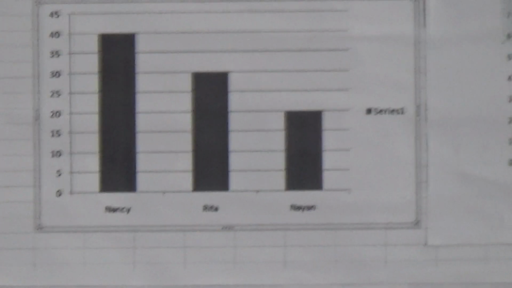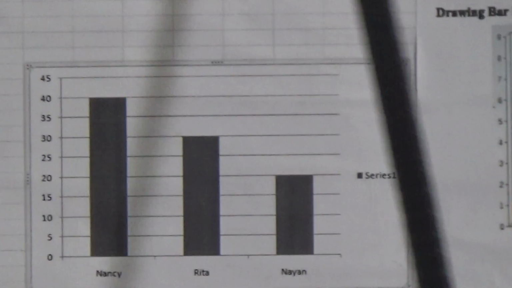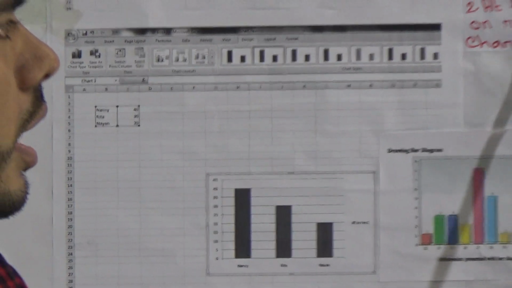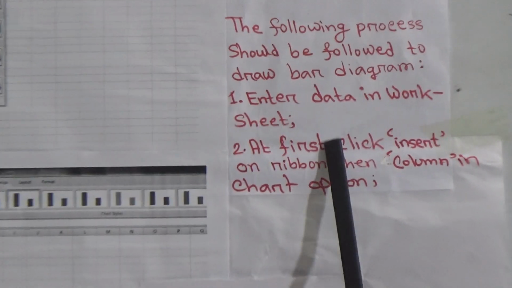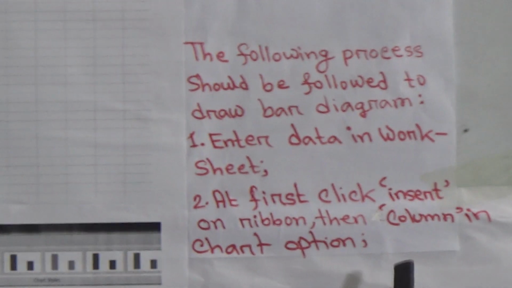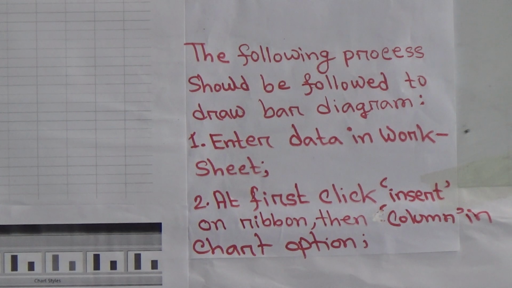So again I am repeating, how do you draw a bar diagram in Excel program? At first, enter data in worksheet. You must open your worksheet. After opening worksheet, then click on insert button from this ribbon, that is called ribbon.